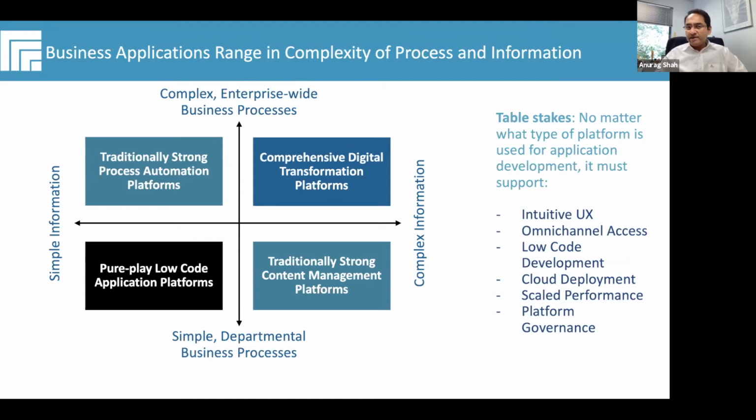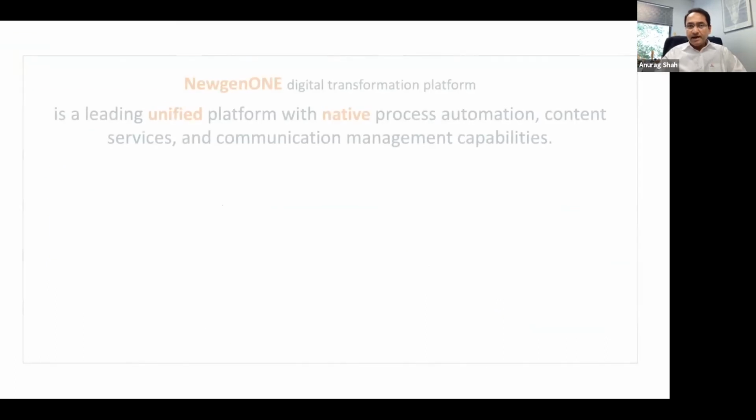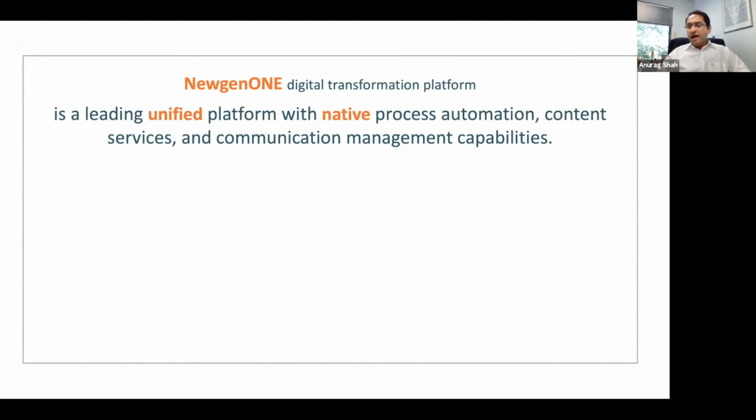And that's where the comprehensive digital transformation platform comes into the picture. Let me take you to the next slide. In that right top quadrant, that's where Newgen brings in its Newgen One Digital Transformation Platform, which is a unified and natively built process automation, content services, and communication.